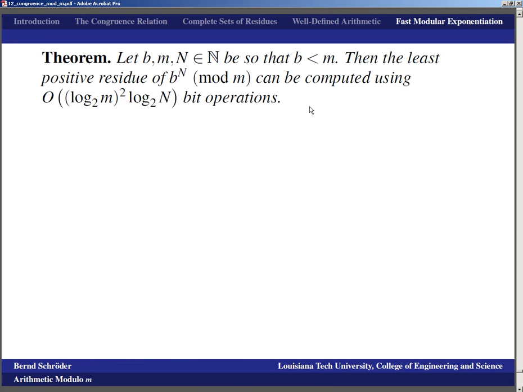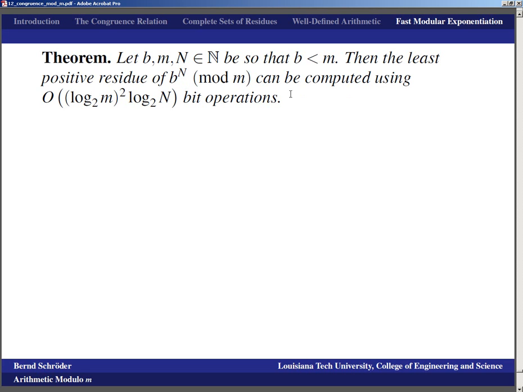So that means we want to compute, if we have a base b, an exponent n, and a modulus m, where the base is, of course, smaller than the modulus, the least positive residue of b to the n modulo m, which would be the result of exponentiation modulo m.